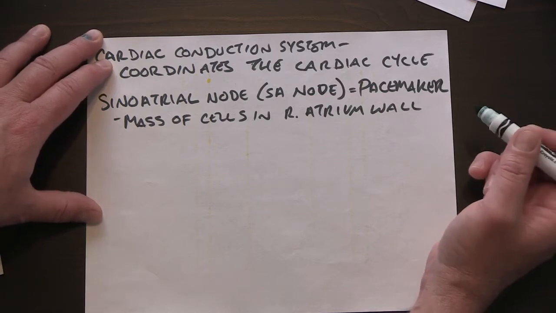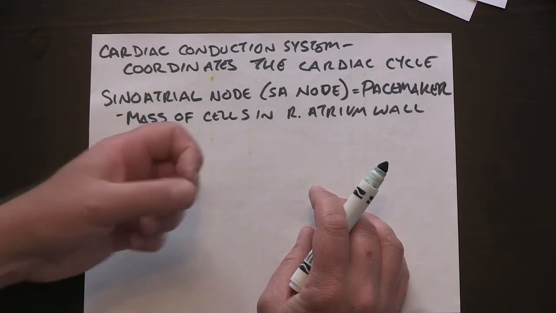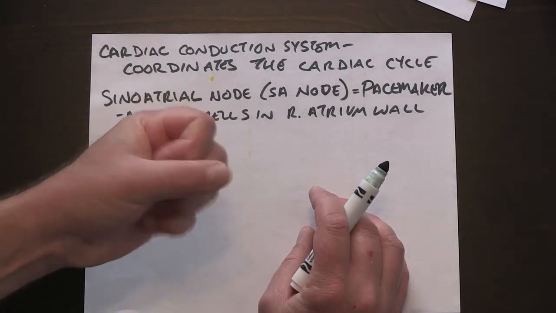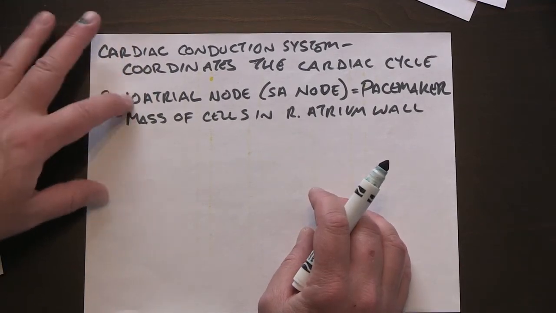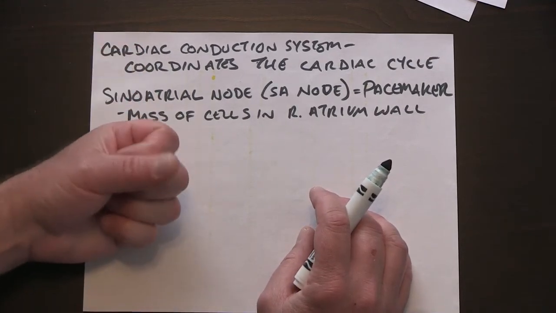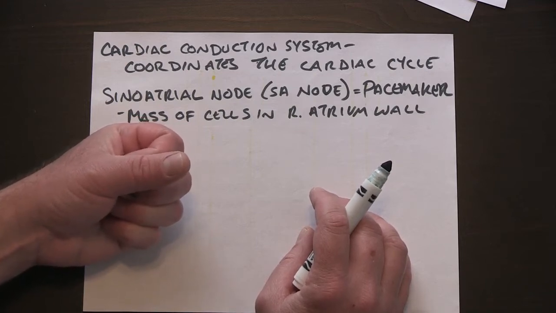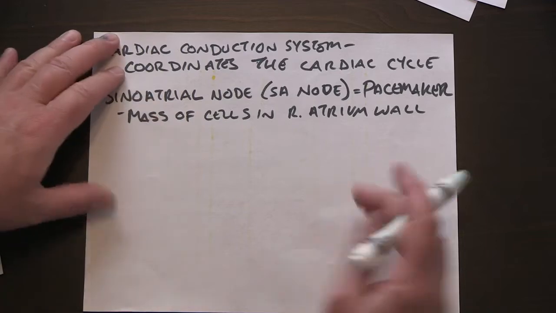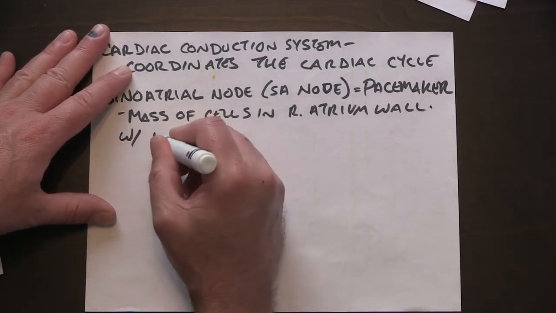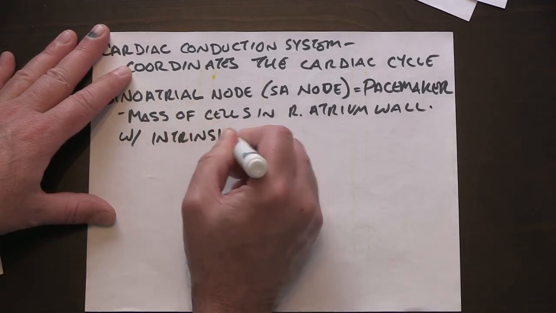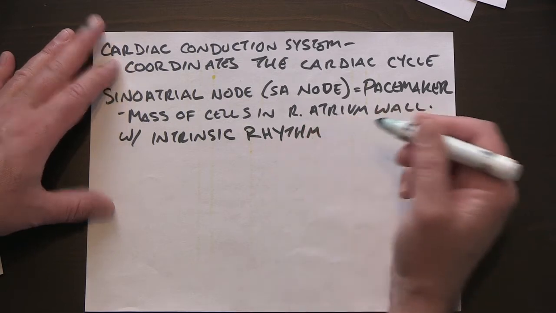Sometimes, like in Indiana Jones or movies, they'll cut the heart out of someone and it'll still keep pumping even though it's outside the body. It's because the sinoatrial node, or the pacemaker, sets the pace of the heart, and it acts independent of the brain telling it what to do. So it has this intrinsic rhythm.